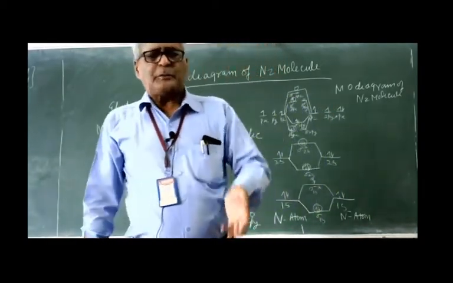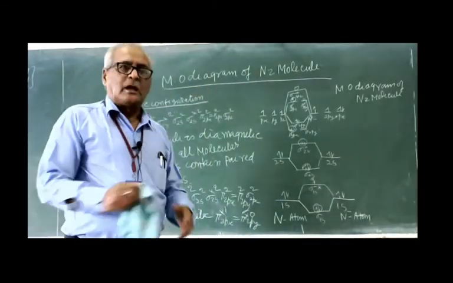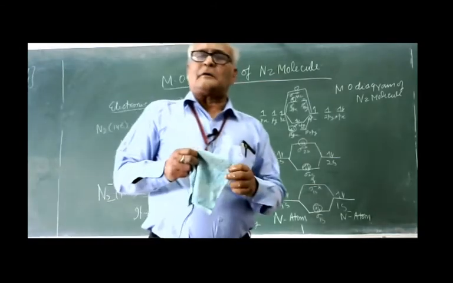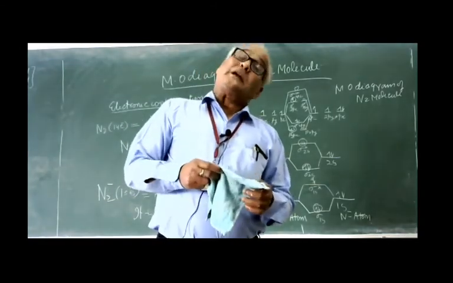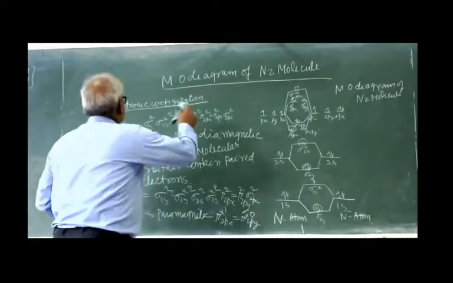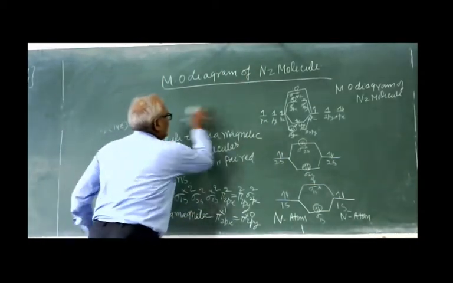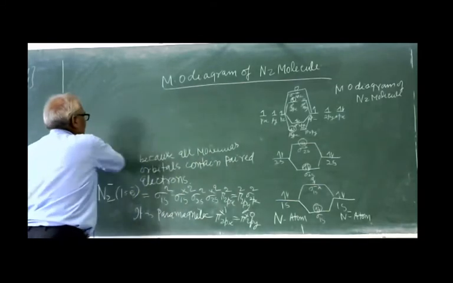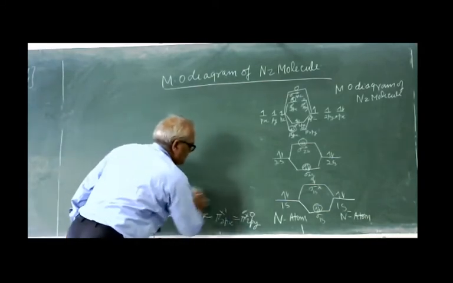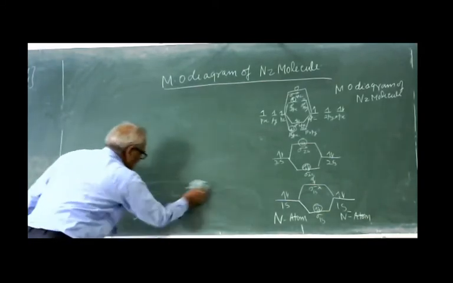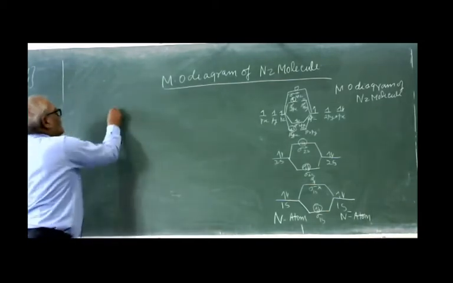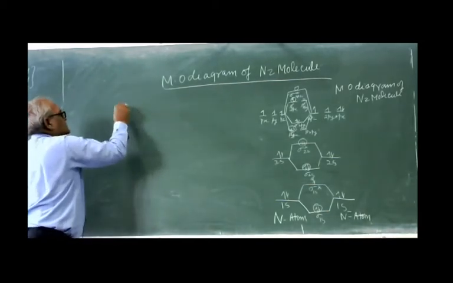Now, if it is asked to give the molecular orbital diagram of N2 plus, just see here, we can write the electronic configuration and we can also give the molecular orbital diagram of N2 plus.